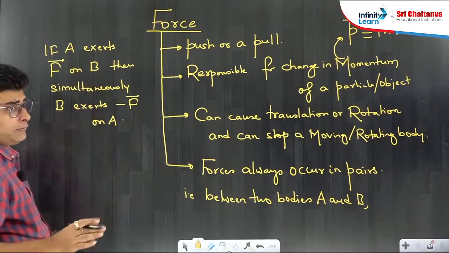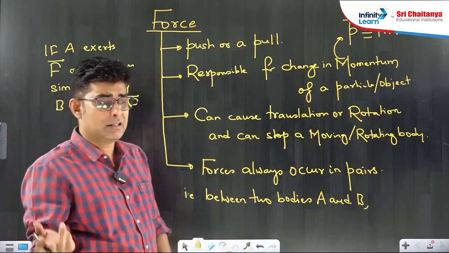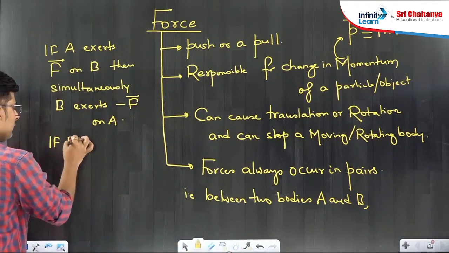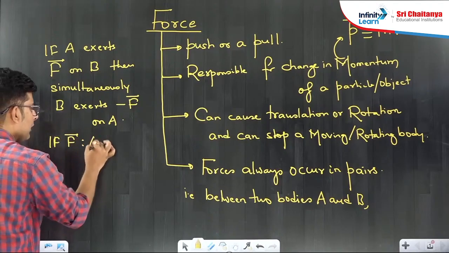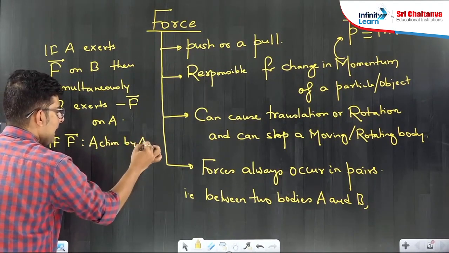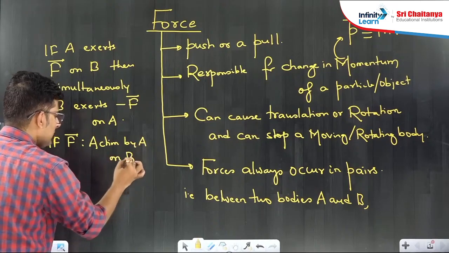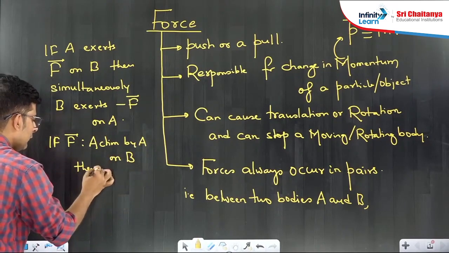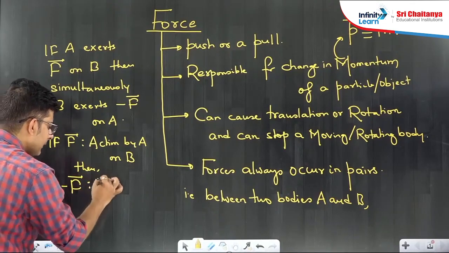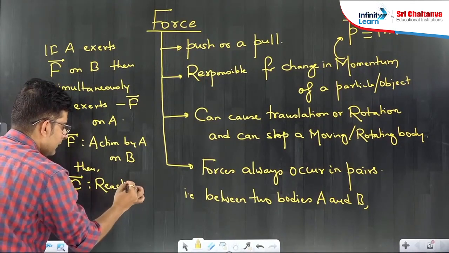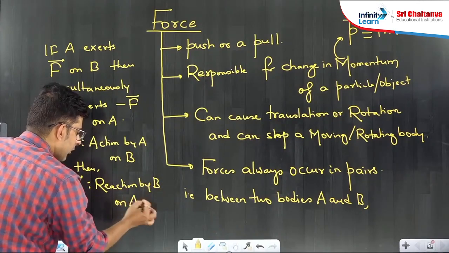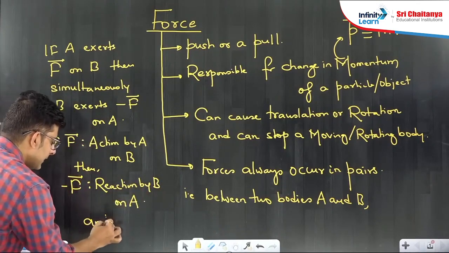One of the forces we call action, the other one will be called its reaction. So if F vector we call as action by A on B, then we will say minus F vector will be reaction by B on A, and vice versa.